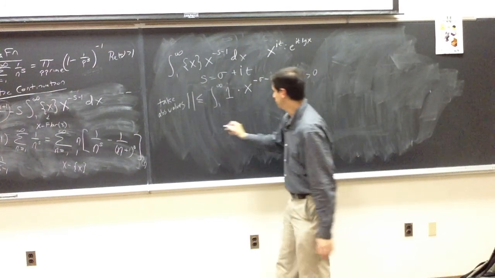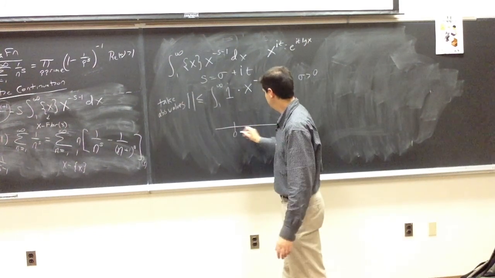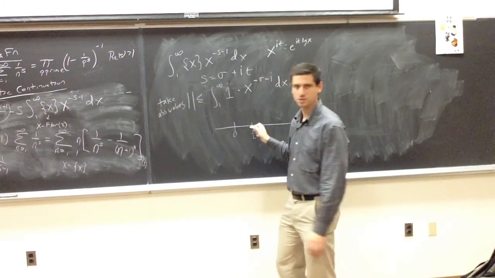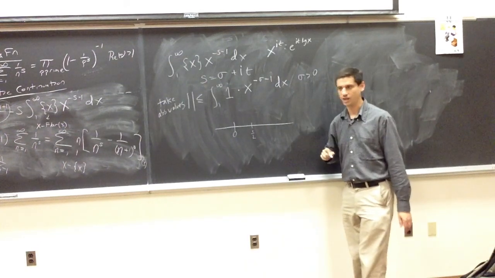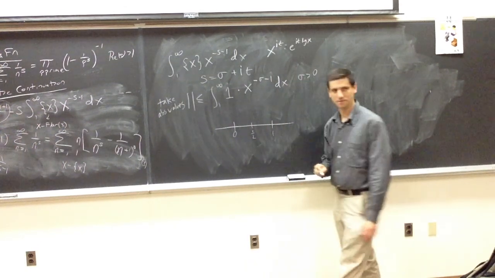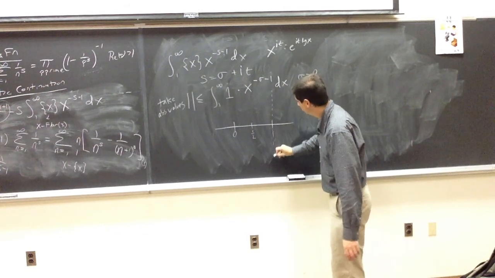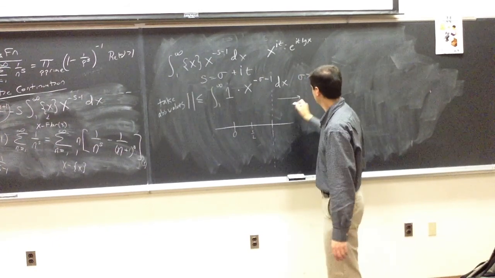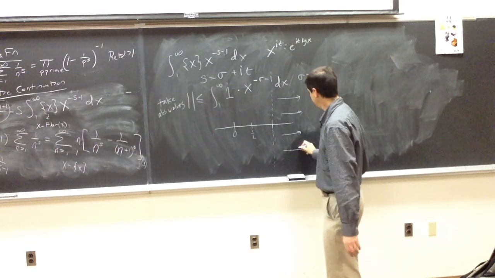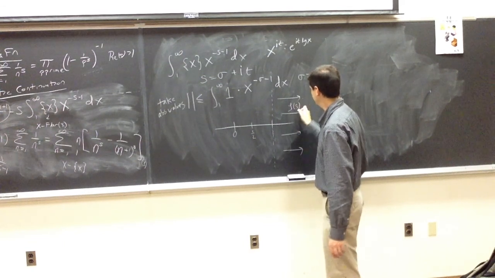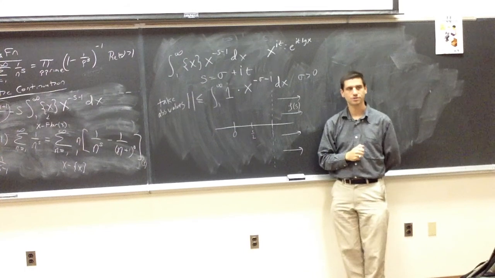So the way you should look at it is here's 0, here's 1/2. That's going to be very important in the rest of our lives. Here's 1. Initially, we know things about the Riemann zeta function over here, where the real part of s is greater than 1.